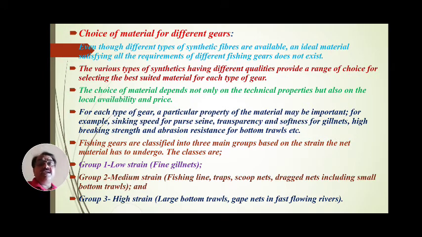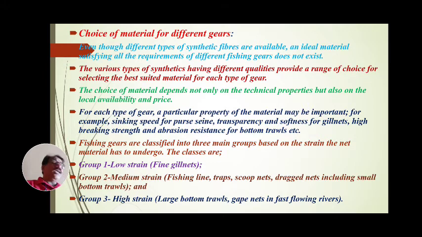And third is the high strain nets: large bottom trawl nets, gap nets, and fast flowing river nets. These are nets which have high strain, high power, high resistance. Such materials are selected to withstand the power of the speed of water, and such nets are called high strain.